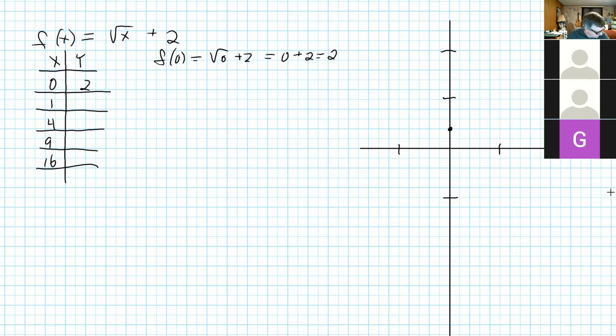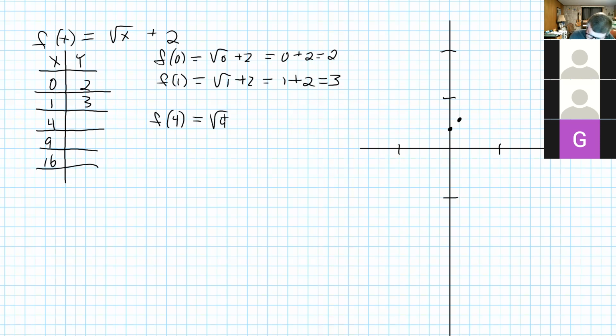Yep. Okay. F of 1 equals the square root of 1 plus 2, which is 1 plus 2, which is 3. Okay? Yeah, I'm good. Okay. I'm just waiting. I don't want to bury you in the dust or whatever.